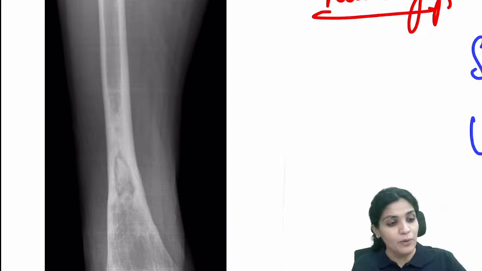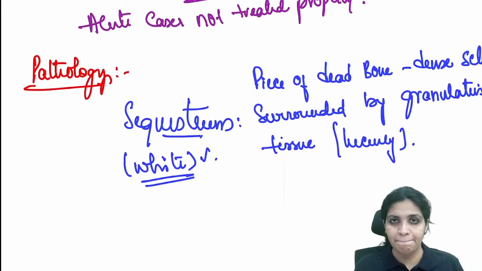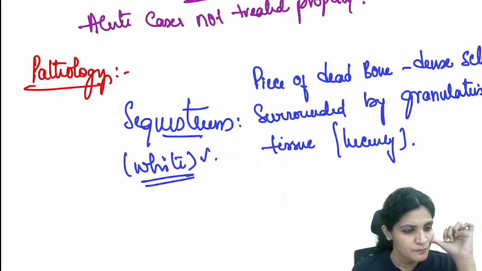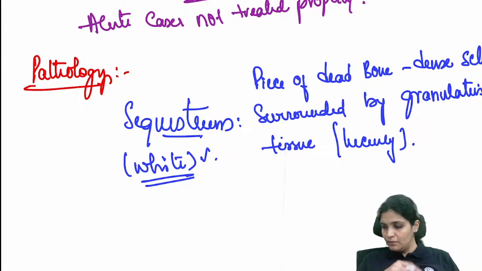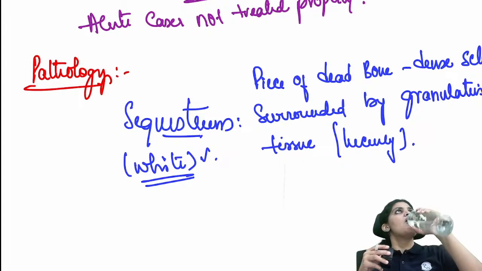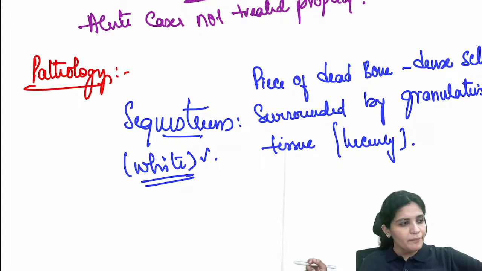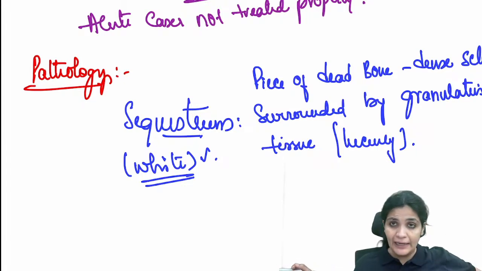Now can you tell me why the sequestrum is dense white in color? Yes, Kalai? Why is the sequestrum appearing white in color? Why not dark in color?